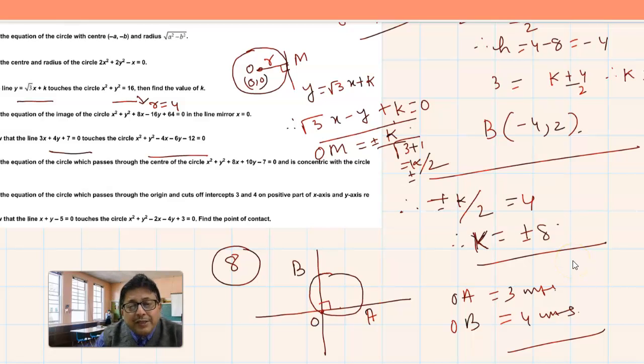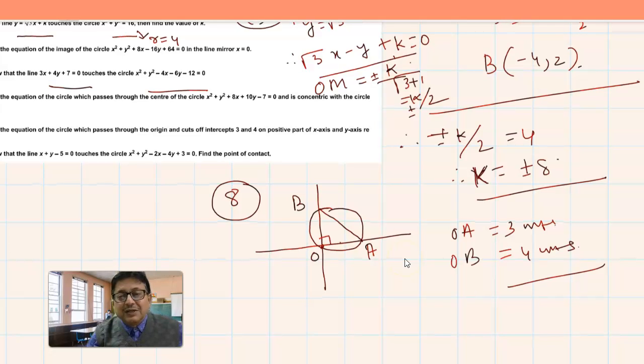So if we join these 2 points, don't you say that AOB is 90 degrees, so AB is going to be the diameter. AB is going to be the diameter. So your answer will be like this. It is quite obvious that AB is the diameter, where the coordinate of the point A is 3, 0 and B is 0, 4.